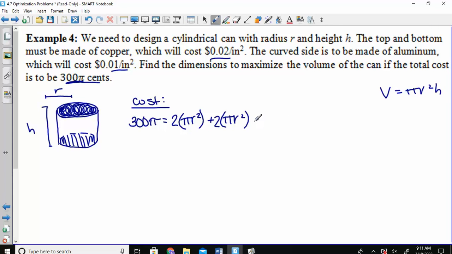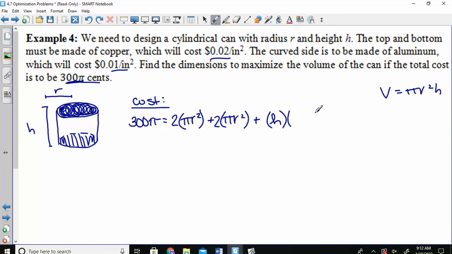All right. Now the side. So think about if you took the label off your soup can. Okay, so you unpeel it and unroll it. What shape is it? Rectangle, right? So area of a rectangle is just length times width. So this would have a width of h.